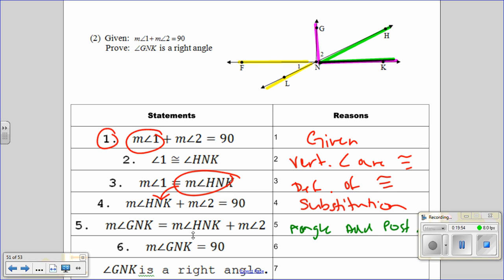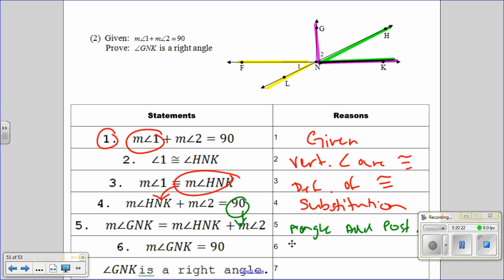And now, in order to answer the reason for statement 6, you have to go back and look at statements 4 and 5 together. In statement 4, we know that HK plus angle 2 make 90. So I can replace the right side with 90 since they are the same.